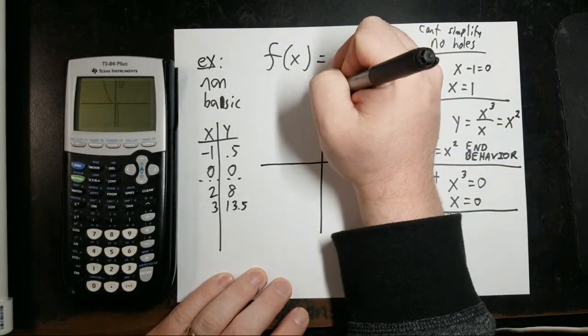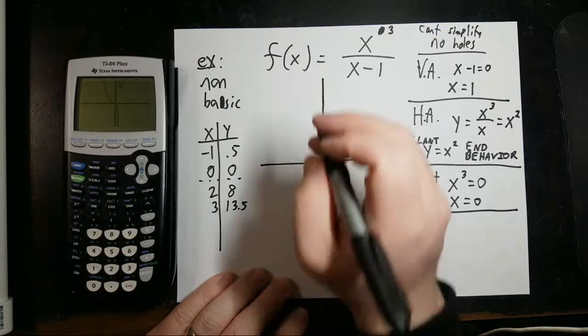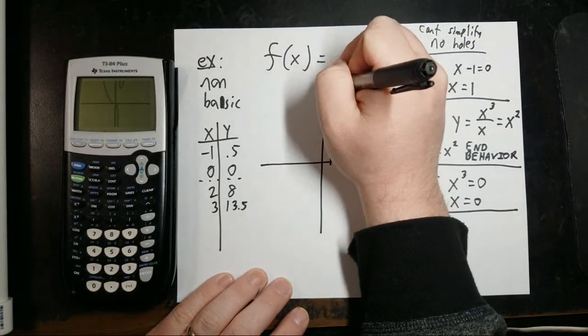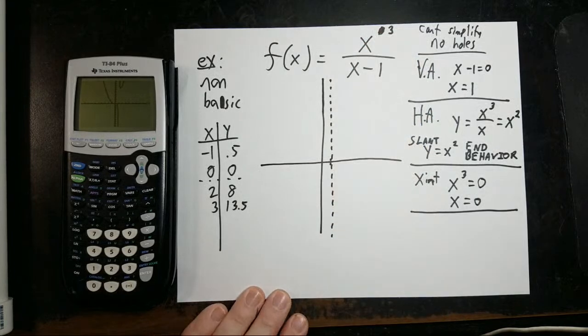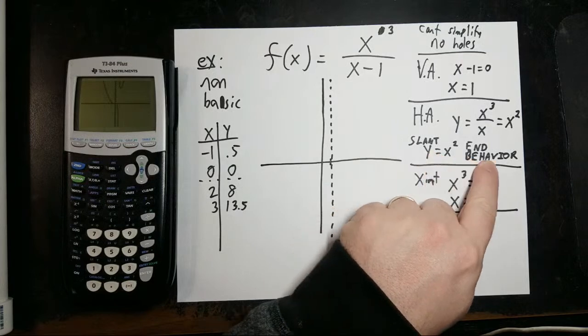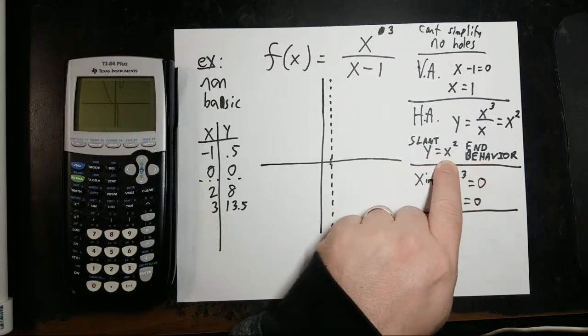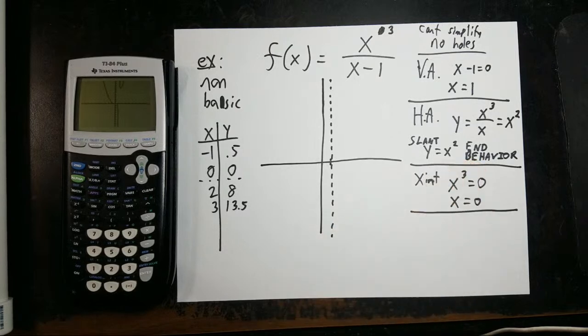First, let me put the vertical asymptote at 1. There's the vertical asymptote. Now, the horizontal asymptote, this is slanted. This actually describes the end behavior of this graph. The end behavior of this graph is going to look like a parabola.